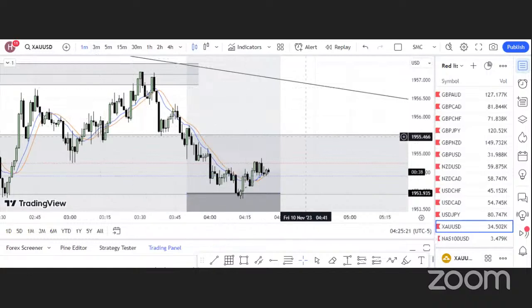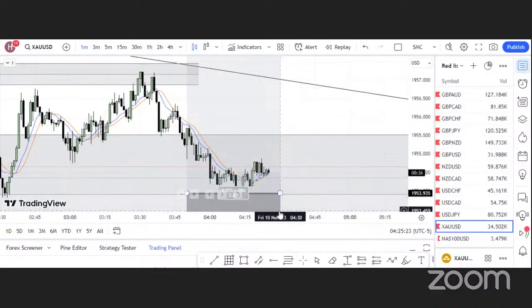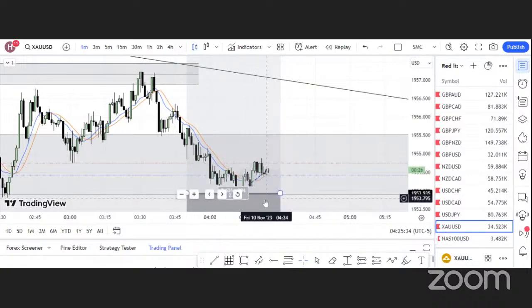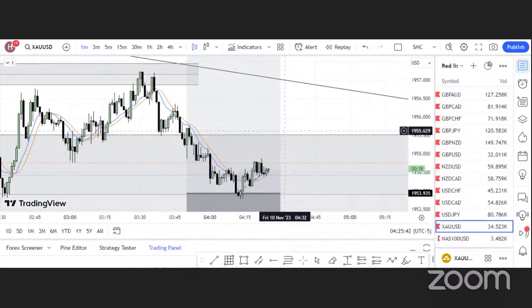Okay, so this is the 1 minute time frame, and what we don't want to happen is for this trade to close below here. We don't want it to come to this area. If it comes to this area with a body, then we go out of the trade. But if it comes to this area, we take profit.